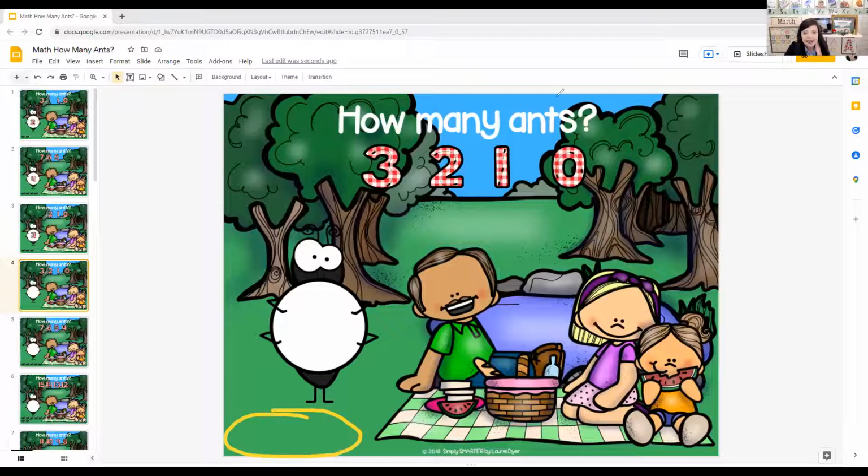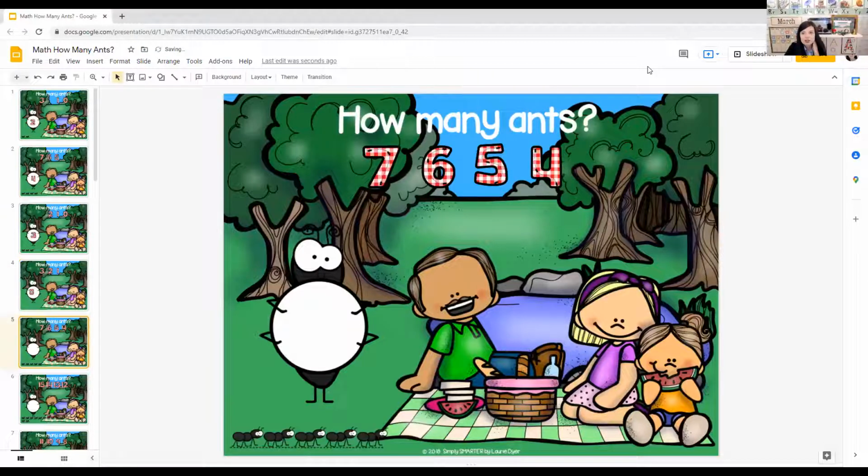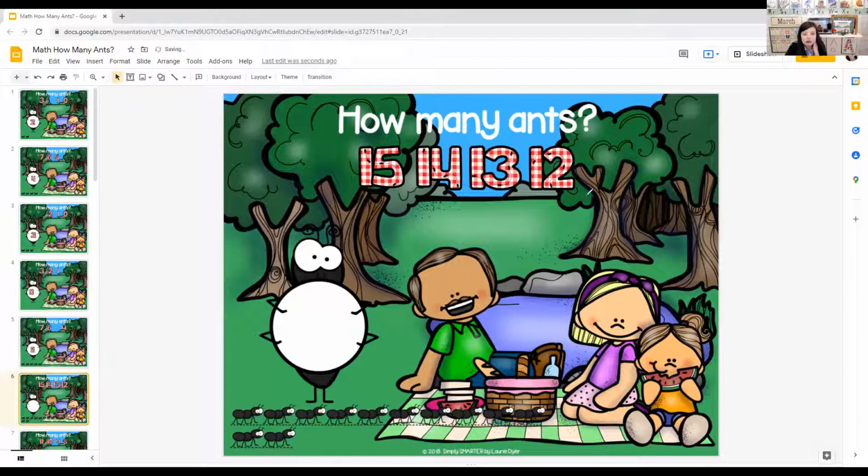How many ants are trying to get our picnic? I don't see any. So that means 0. 0 ants. How many ants are trying to get our picnic? 1, 2, 3, 4, 5. Point to number 5. There's 5. Wow, look at all those ants.